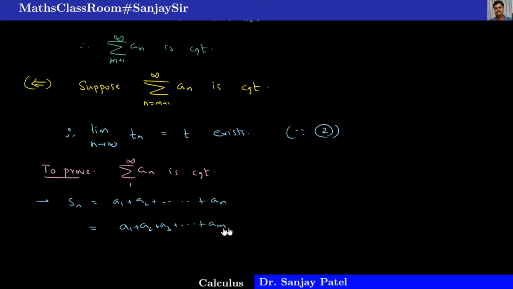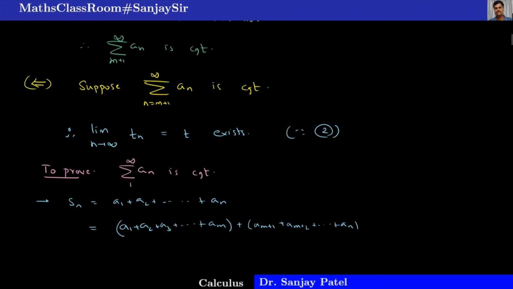Suppose m is somewhere here, plus am plus 1 plus am plus 2 up to an.